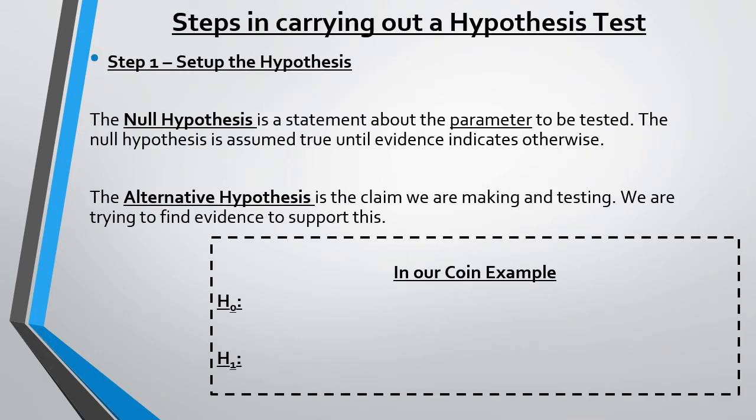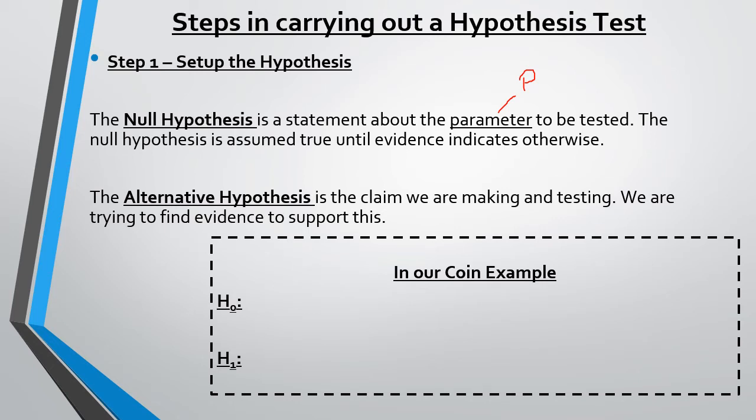So, what is this null hypothesis? Well, this null hypothesis is sort of your default stance in a way. You can see it's a statement about the parameter. The parameter we're always testing is the probability, so p. The null hypothesis is assumed true until evidence. The alternative hypothesis is the claim that we're making, and we're trying to find evidence to support this.